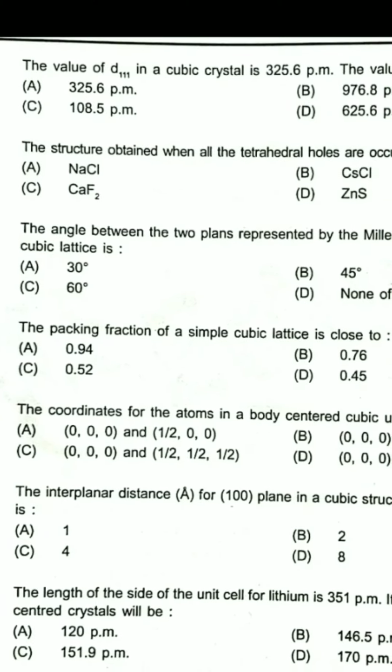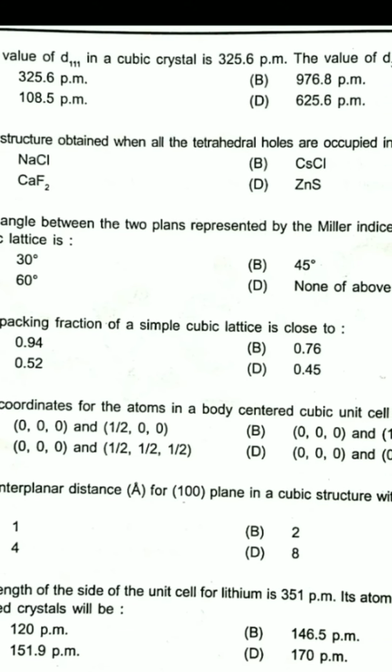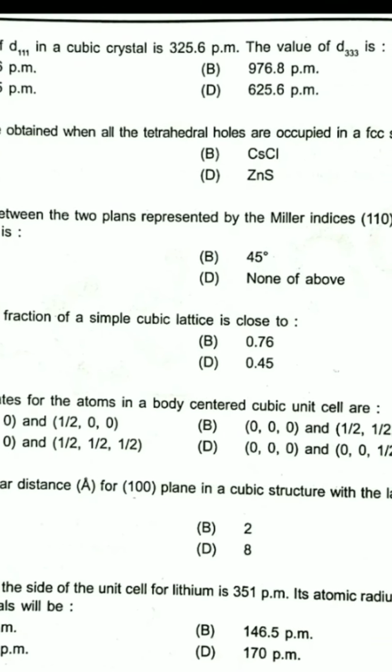Number 4 question. The packing fraction of a simple cubic lattice is close to? Packing fraction equals number of particles per unit cell into volume of one particle divided by total volume of unit cell. For simple cubic lattice, number of particles per unit cell equals 1 and volume of particle equals 4 by 3 pi r cube and total volume equals a cube.